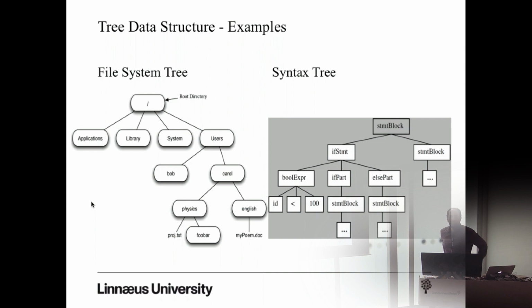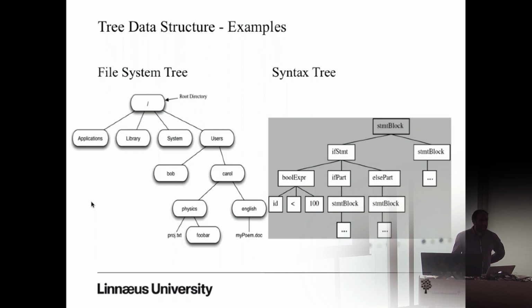And these are just some example scenarios for what kind of data we can use a tree data structure to model. For example, as I said in the beginning, if you want to represent your file system, or if you want to design a parse tree for a compiler, where you have statements, and inside the statements you can have nested statements and blocks.